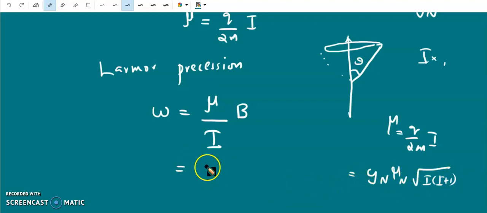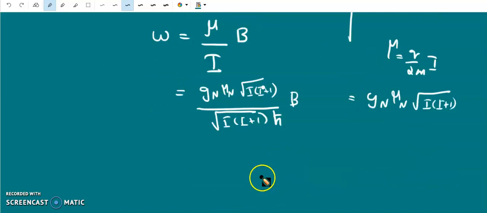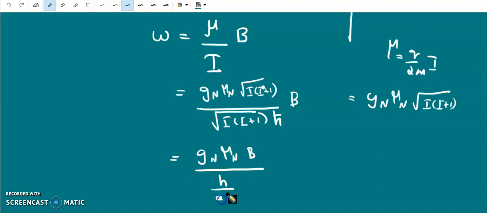Substituting it, Gn mu n root of I into I plus 1, and I here is root of I into I plus 1 times h cross, multiplied by B. So this root of I into I plus 1 will cancel, and we have Gn mu n B by h cross. h cross can be written as h by 2 pi.